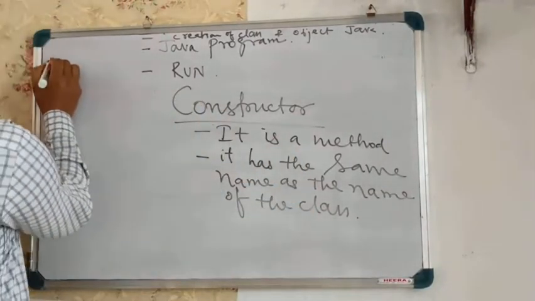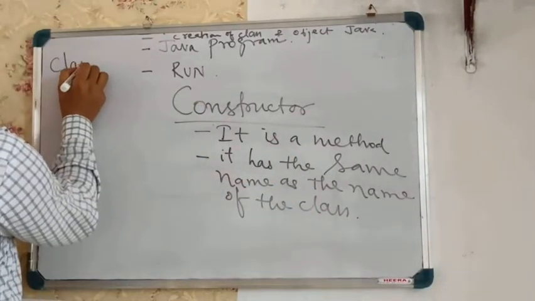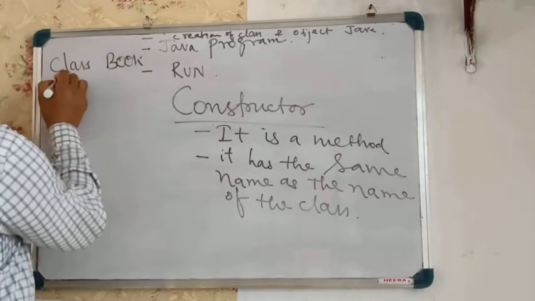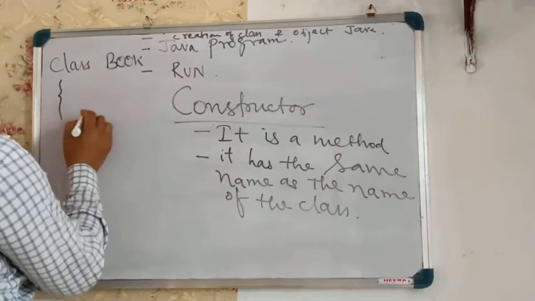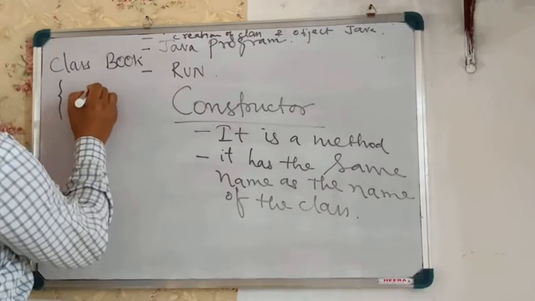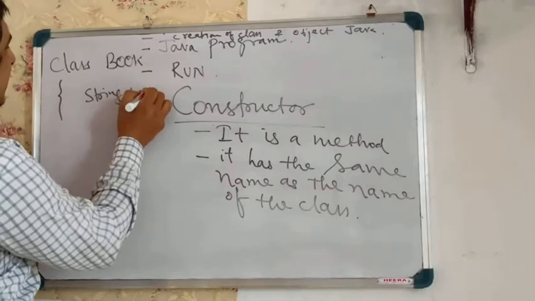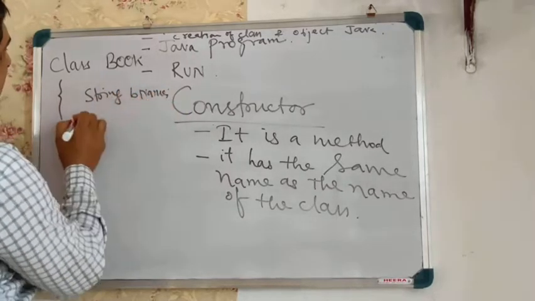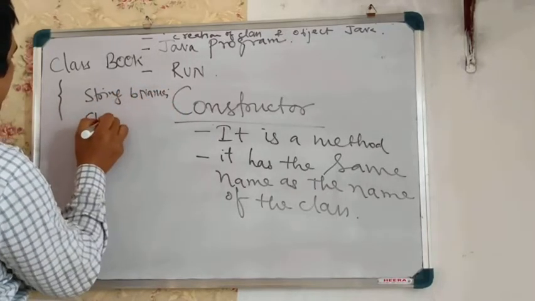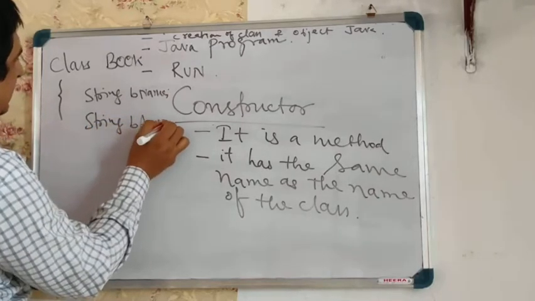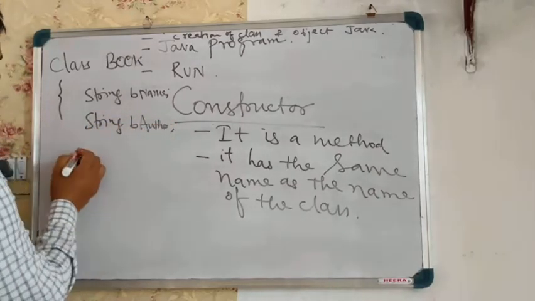So if I say there is a class Book, so we have string bname and we have a string bauthor. Is that clear?